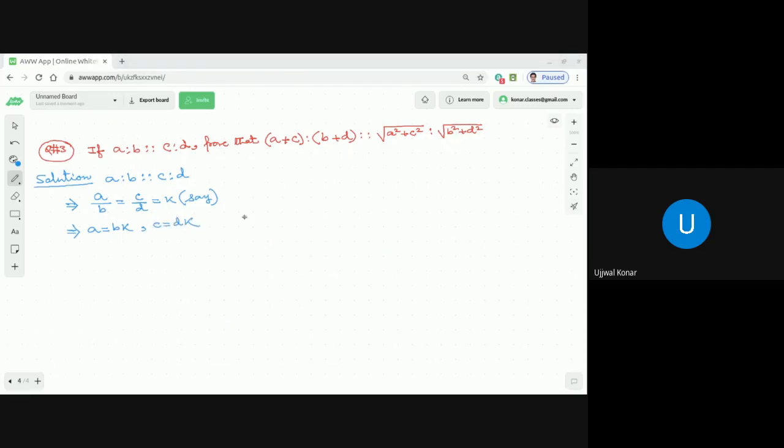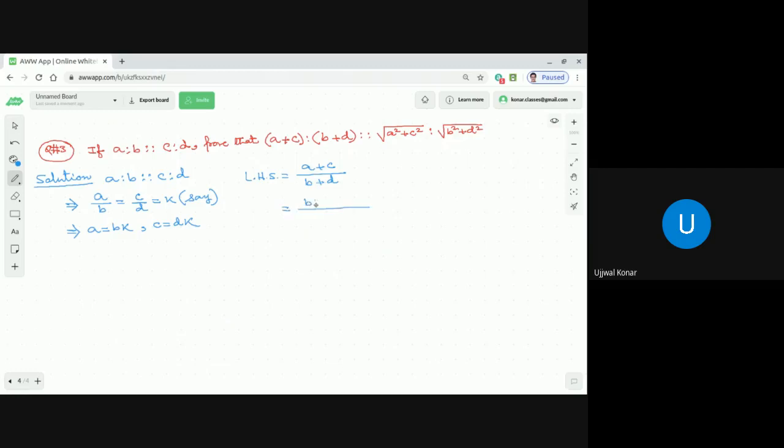After that, we will take both the left hand side and right hand side and find the value. So what is the left hand side? Left hand side is (A plus C) divided by (B plus D), and that is equal to, what is A?